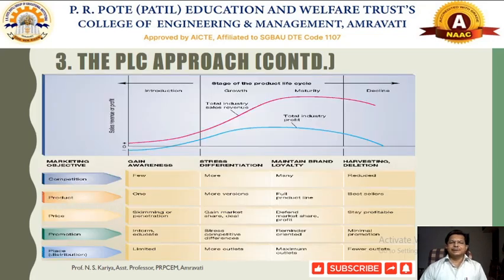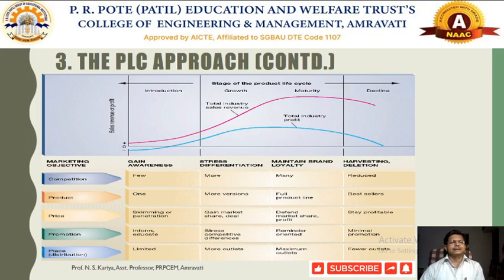So there are different stages of the life cycle that we are very familiar with: introduction, growth, maturity and decline. In the different stages of the life cycle, many competitors as well as marketers try to take advantage of the different activities and simultaneously manage their marketing strategies.